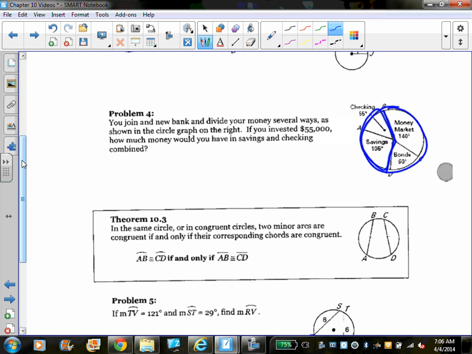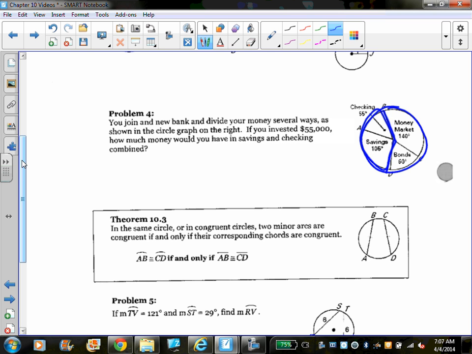Well, since there are two semicircles and a circle, and that's 180 degrees each, we know a circle altogether contains 360 degrees. Going back to one of our earlier chapters, we can set up a proportion to figure out how much money we have deposited into those accounts. First, we need to figure out how many degrees are in checking and savings combined.